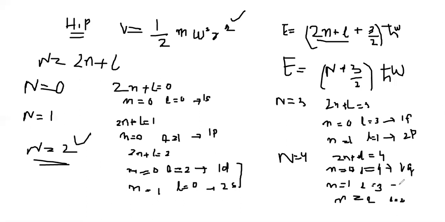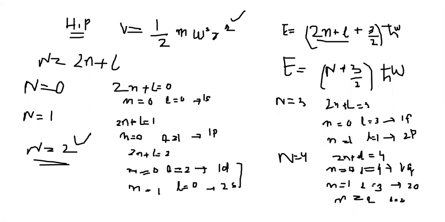What is this then? n is 1, L is 3, it means 2D? No, the sum should come to 4. So if n is 1, the second possibility is L will be 2.